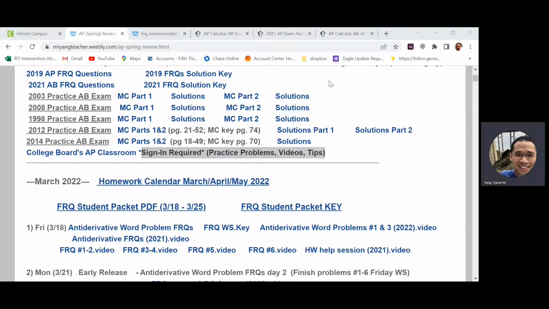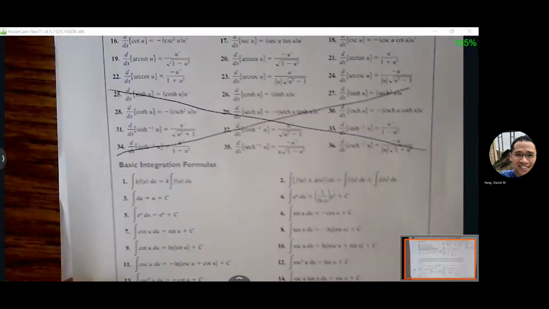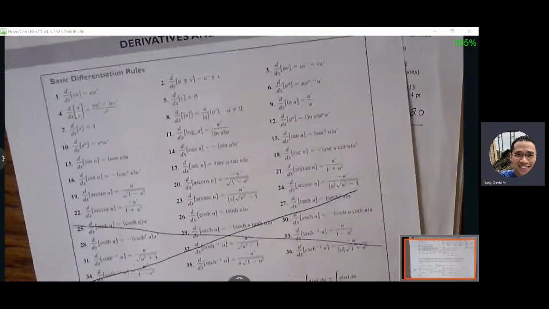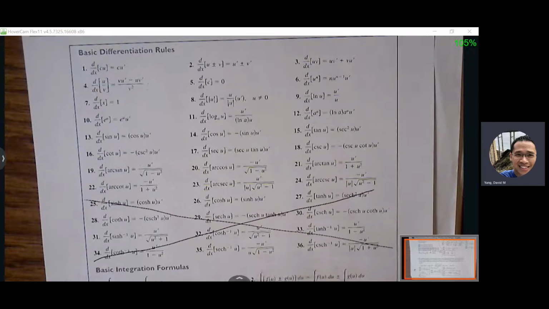Okay, so what I have printed out for you here is an exhaustive list of derivative and integral rules.